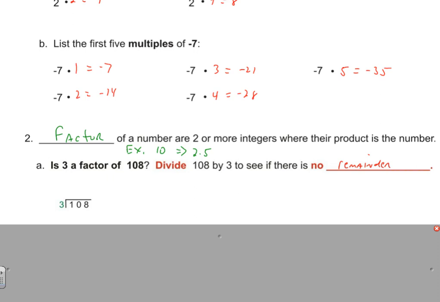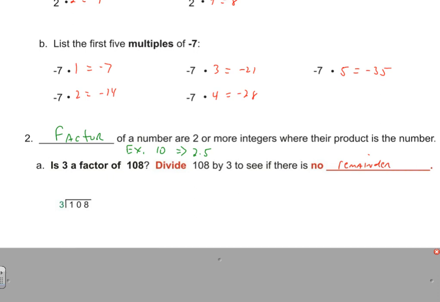So we'll just do the little division here. Can we still do long division? 3 goes into 10 3 times, 9, subtract to get a 1, bring down the 8, and 3 goes into 18 6 times. And what is our remainder? There is no remainder, so yes, indeed, 3 is a factor.